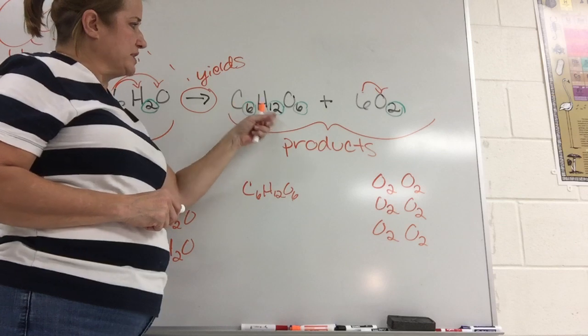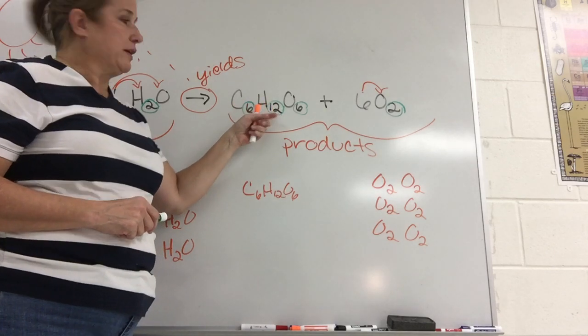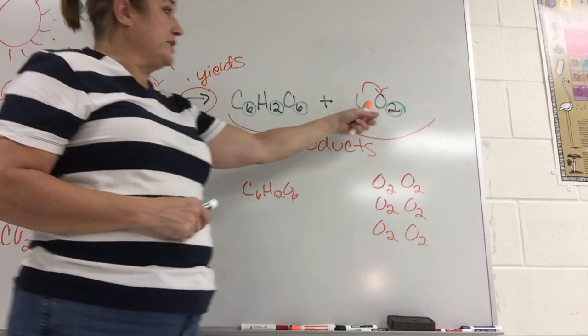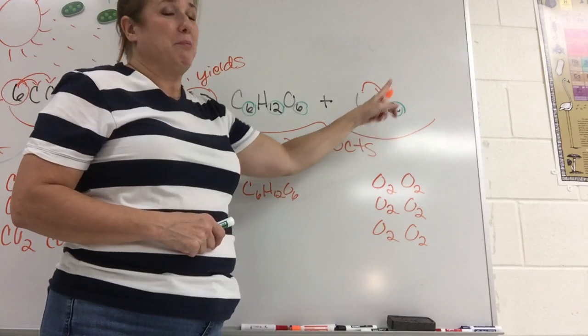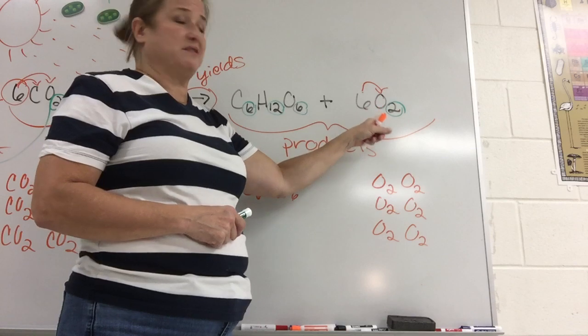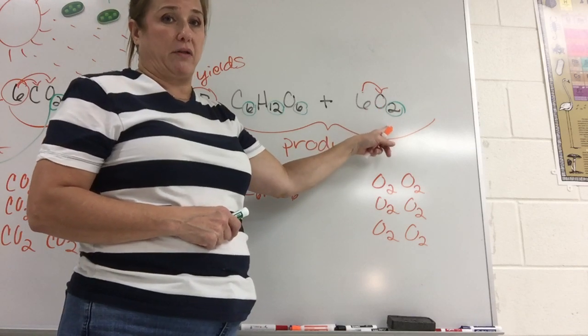So this one would be considered a compound because it has 3 elements. This one, yes, it's chemically bonded and there are 2 of them, but there's not a second element. So this one's not a compound. This one is a molecule.